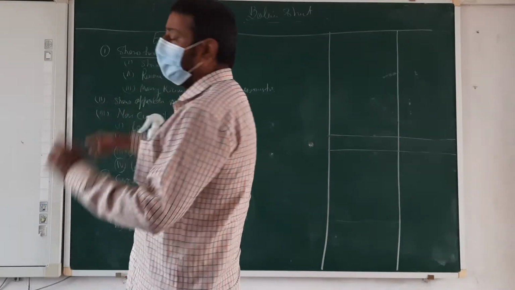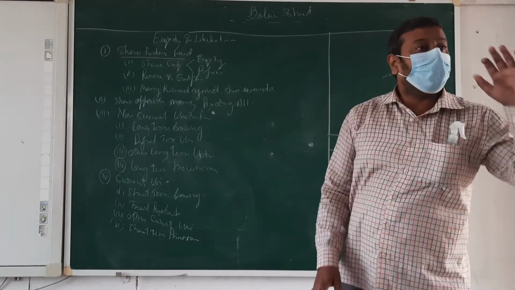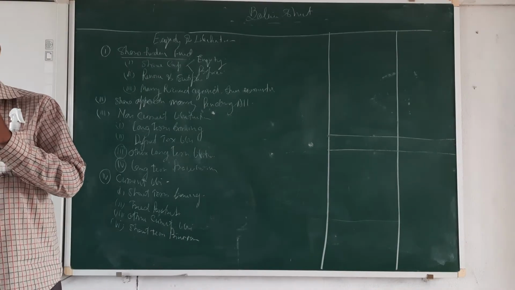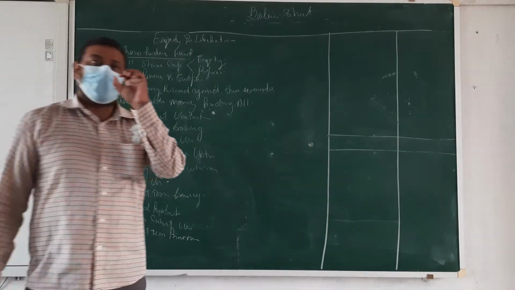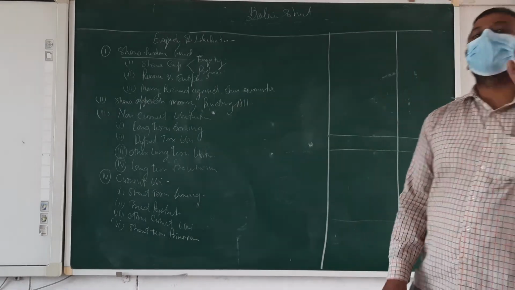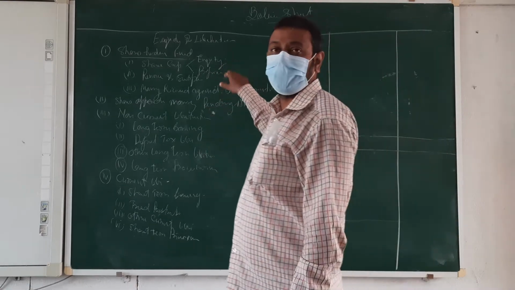Then next, money received against share warrants, when we are giving our shares as security against a loan. That money we are going to include here.